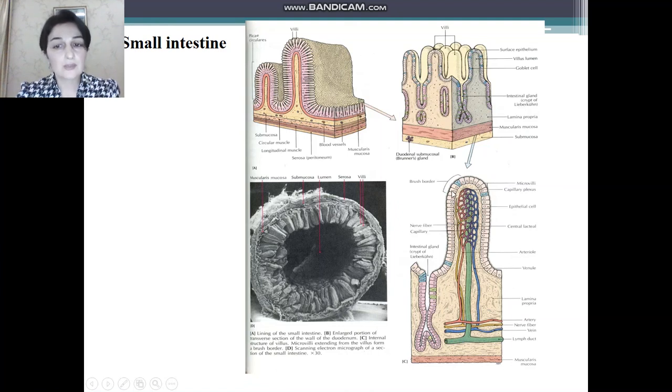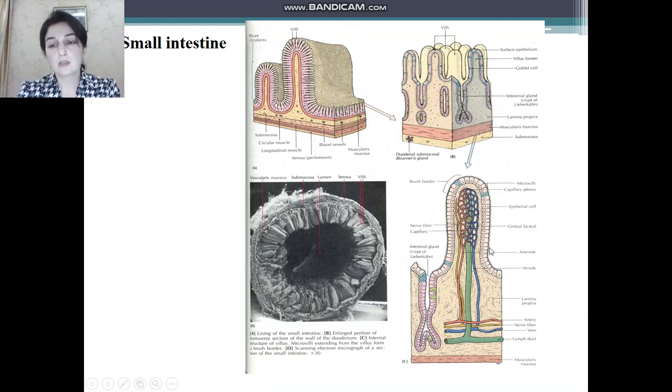On the surface of these cells, we have microvilli. These are finger-like projections of each of these cells. So these microvilli also will increase the surface area of the cell membrane. So all of these components will increase the surface area of the intestine by 300 to 500 times.